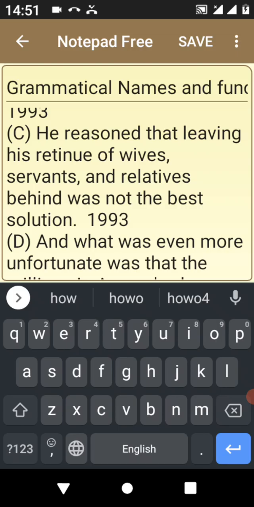That is the object of reasoned. He reasoned that leaving his retinue of wives, servants and relatives behind was not the best solution.